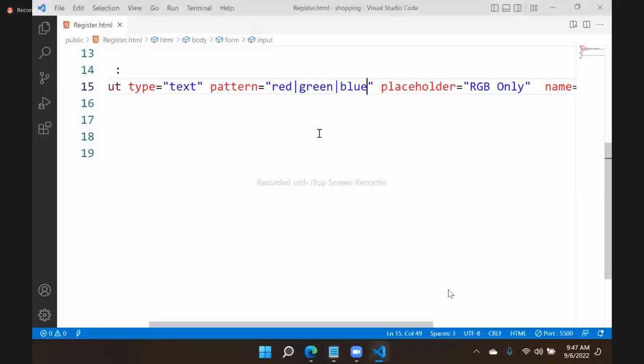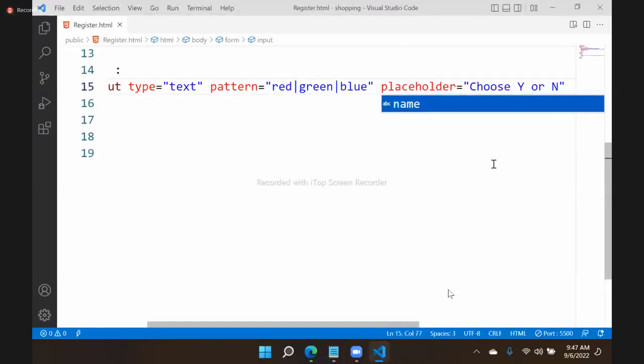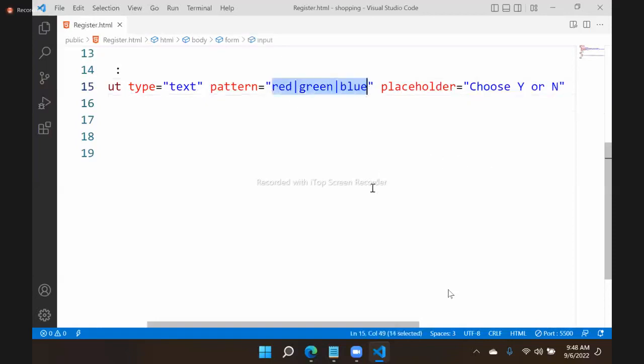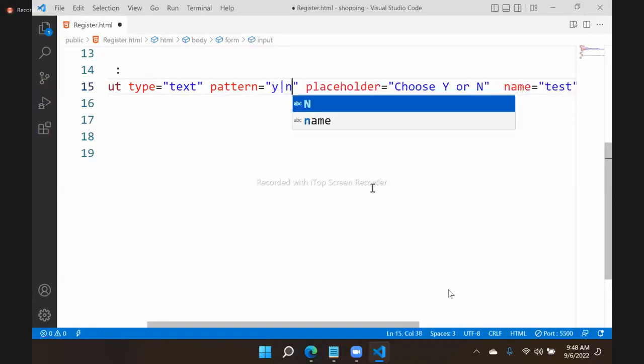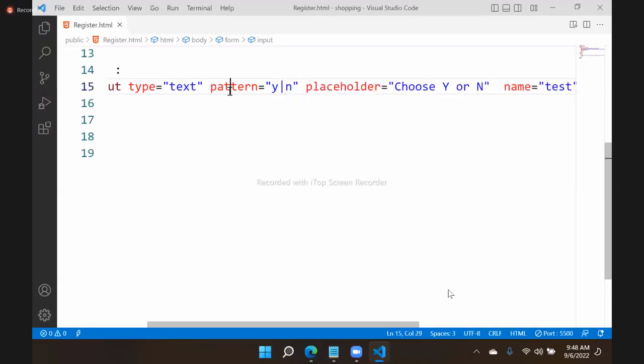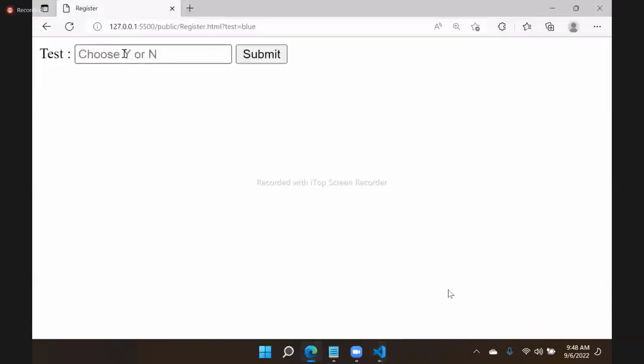Sometimes we expect here, suppose, a choice: choose Y or N. That means yes or no. In that case, here we have to allow either Y, pipe, N. That means they can choose either of the two characters.